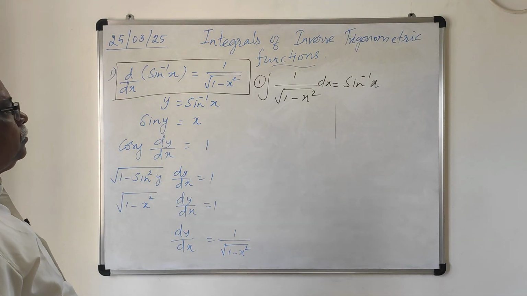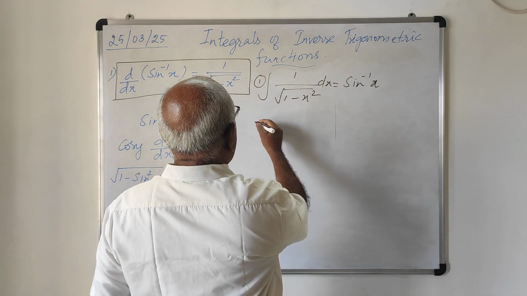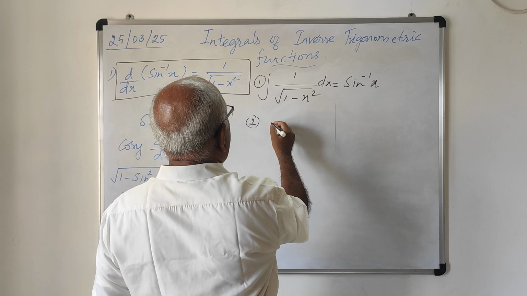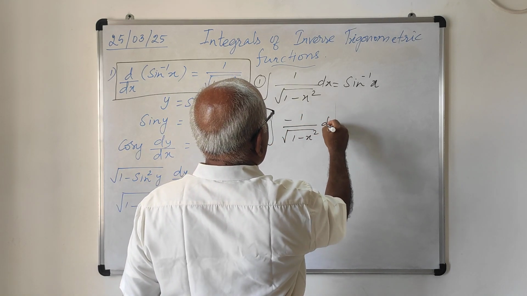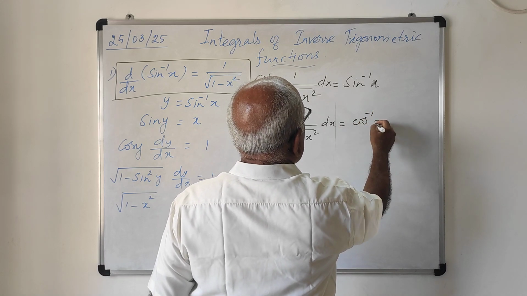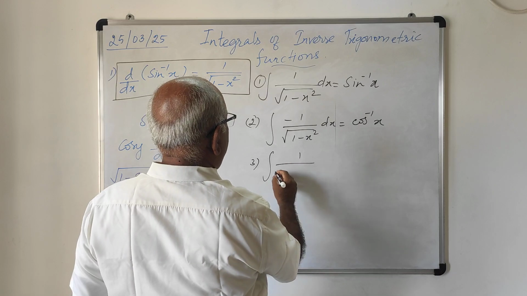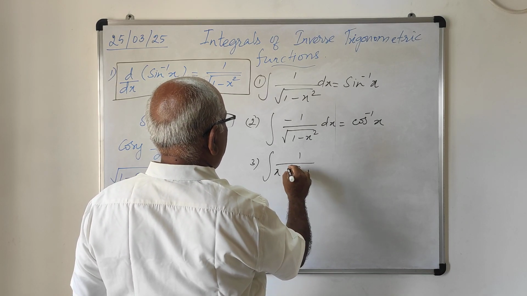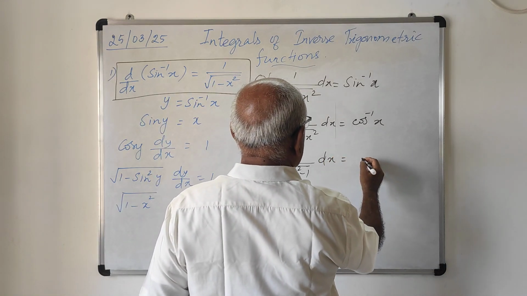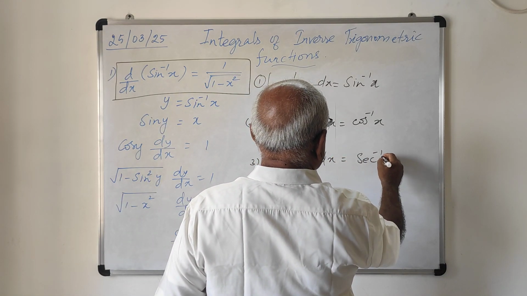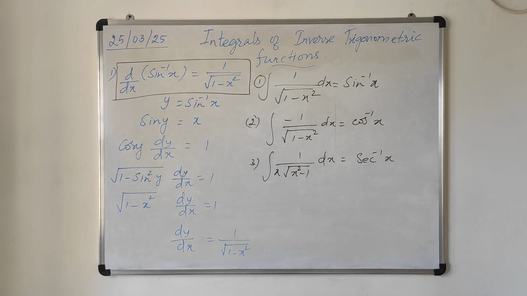Okay? And similarly, the second result, integral of minus 1 by root of 1 minus x square dx equal to cos inverse x. Third one is integral 1 by x into root of x square minus 1 dx equal to secant inverse x.